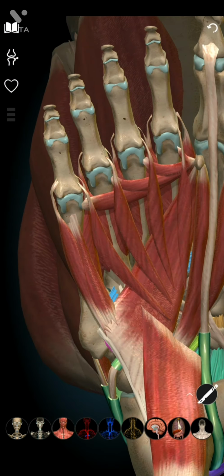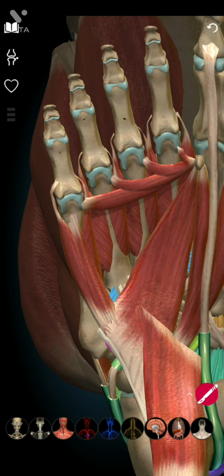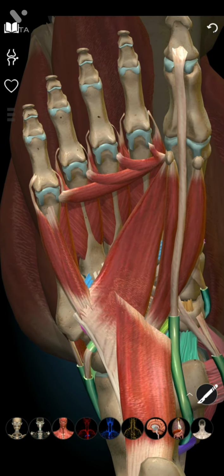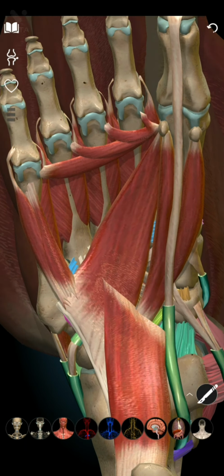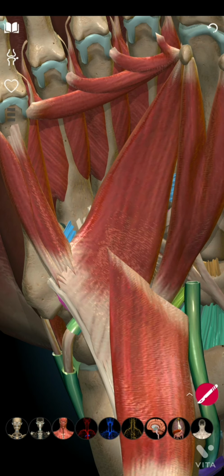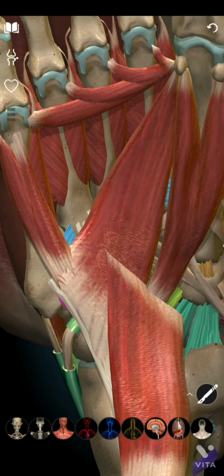So we are going to remove those muscles carefully. This is the flexor hallucis longus tendon, actually. We're going to remove that too.